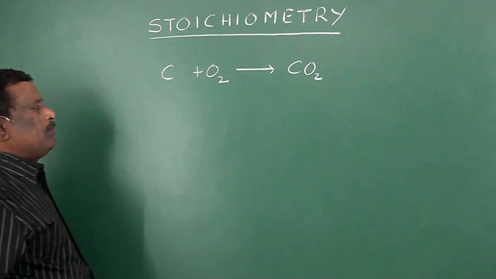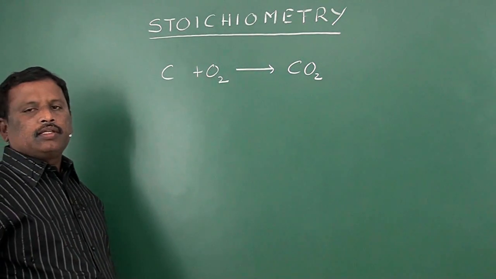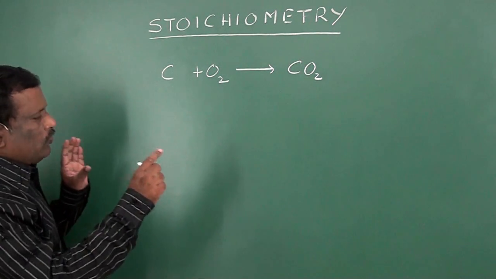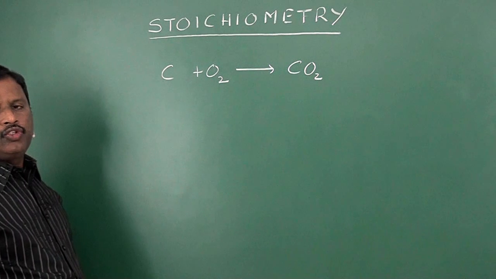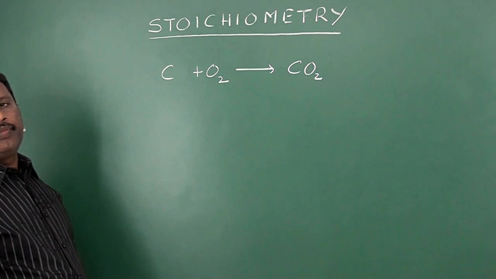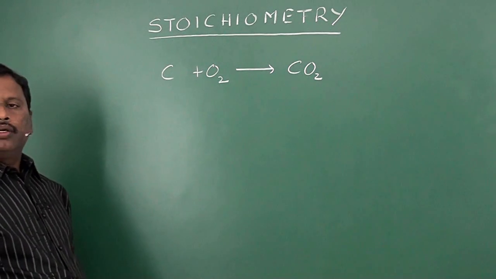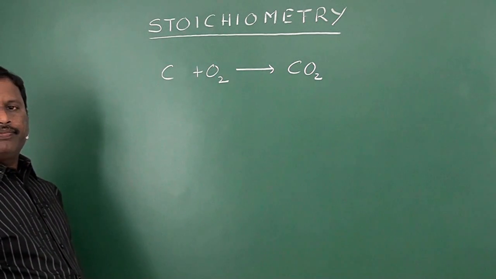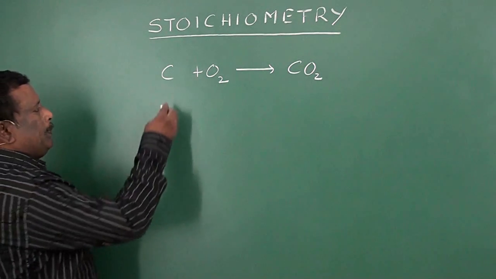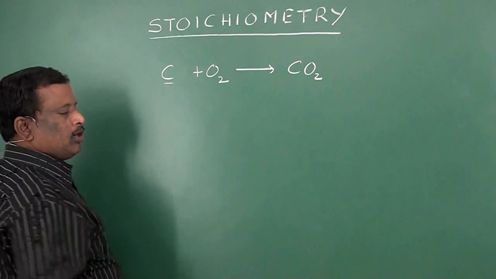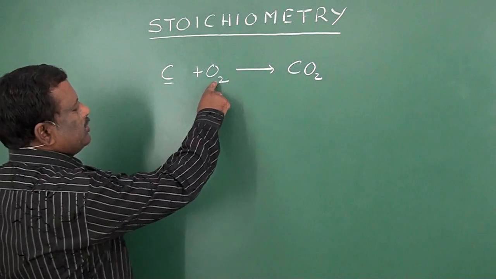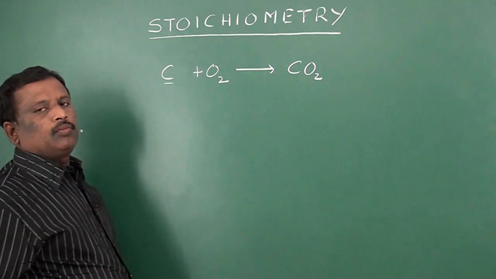If you want to verify whether the reaction is suitable for stoichiometric calculations or not, we can depend upon their molecular weights, or atomic weights in the case of atoms. According to this equation, one atom of carbon reacts with one oxygen molecule to give one CO2 molecule.